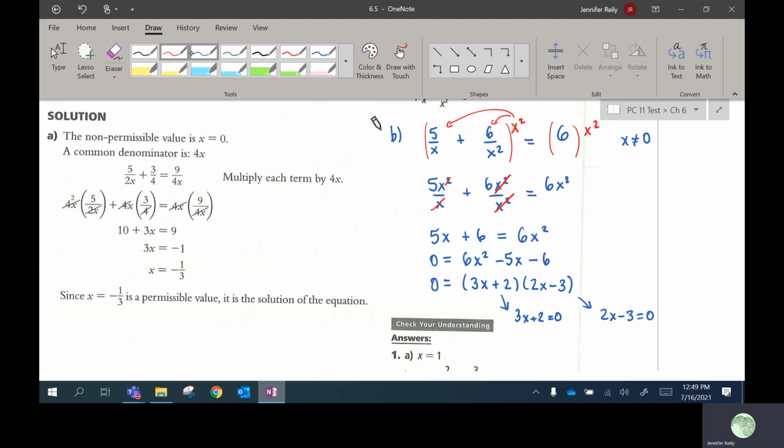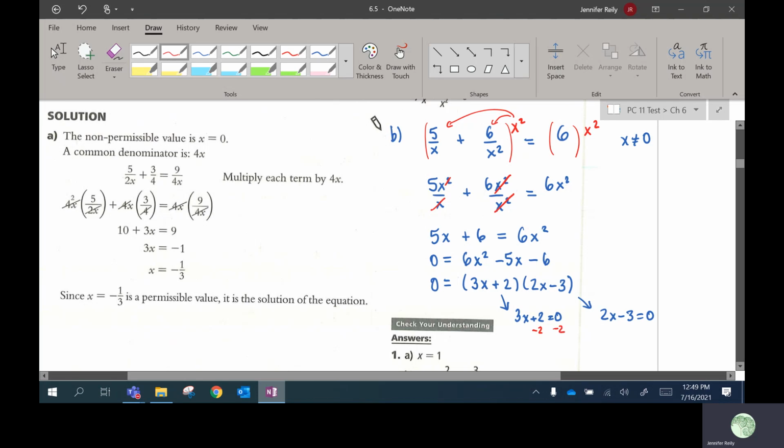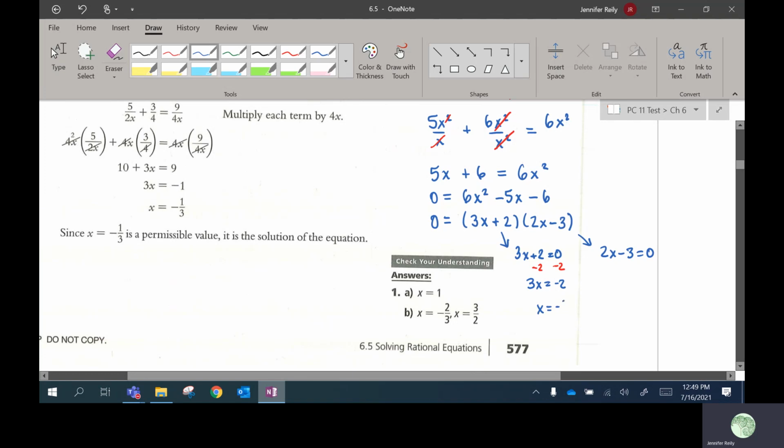So this one, subtract 2, we get 3x equals negative 2, which would mean x is negative 2 over 3. And this one, we add 3, so we get 2x equals 3, and then x equals 3 over 2.